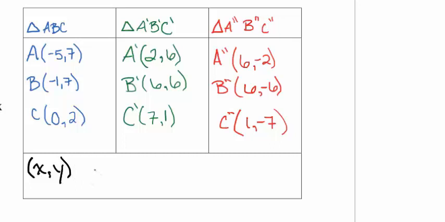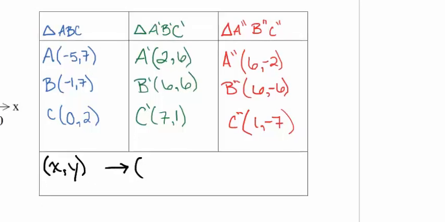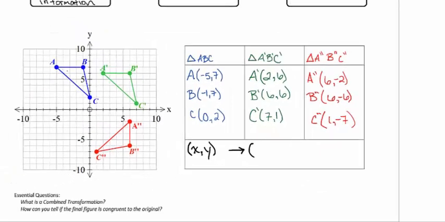And this is going to help any patterns stand out. So if we look at the first image here, or the original, we can see that it's facing the same direction, so the orientation hasn't changed. And since the orientation hasn't changed and the size hasn't changed, it's pretty apparent that I'm looking at a slide or a translation.